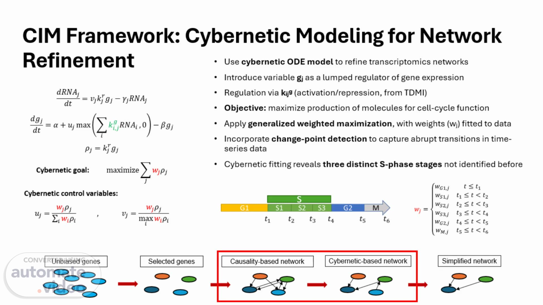We applied a generalized weighted maximization and incorporated change point detection to identify abrupt transitions in the time series data. A significant finding from this cybernetic fitting was the revelation of 3 distinct S-phase stages, which had not been previously identified, providing a deeper mechanistic understanding.